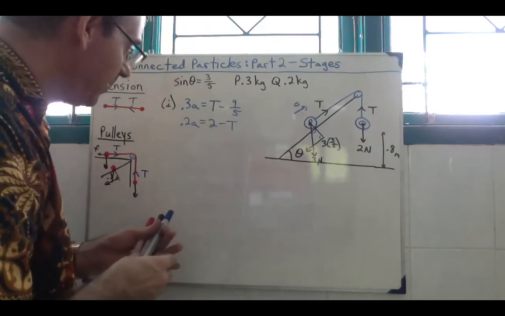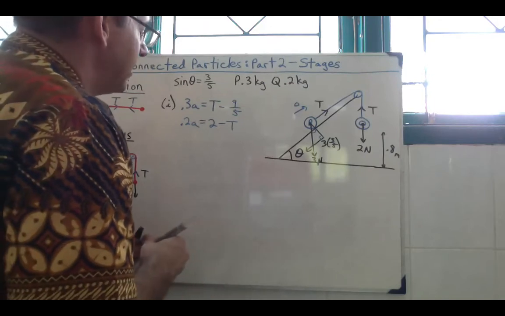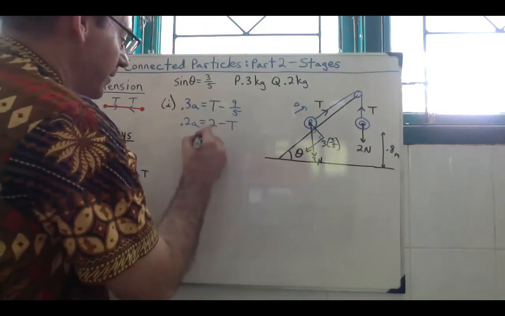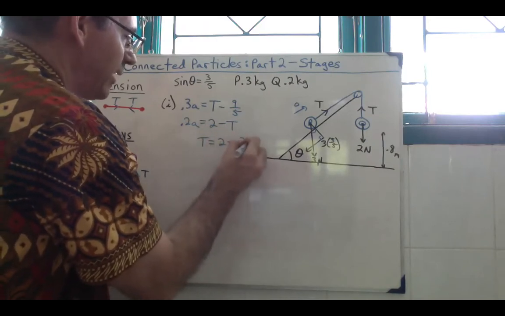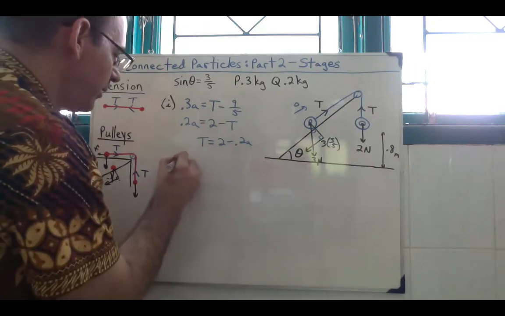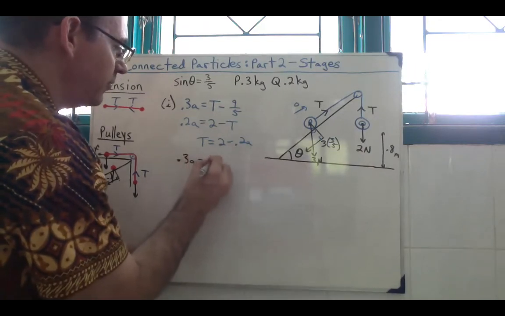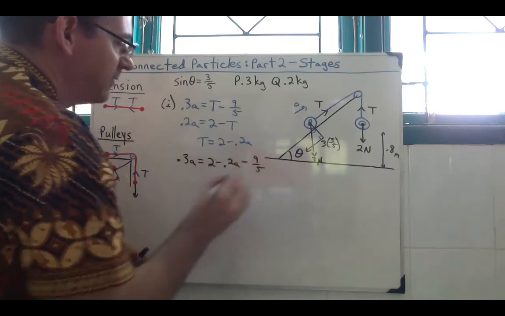So if we want, we can solve for T. T equals 2 minus 0.2 A. Plug that in up here. 0.3 A equals 2 minus 0.2 A minus 9/5.